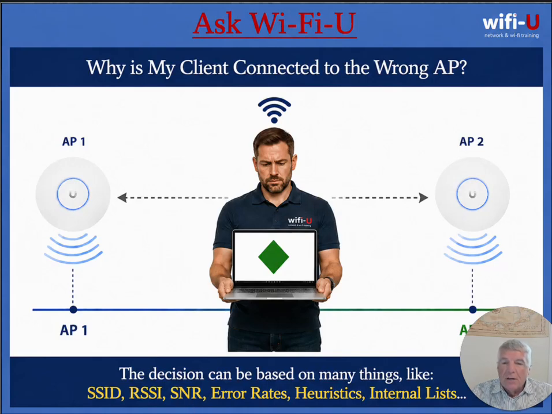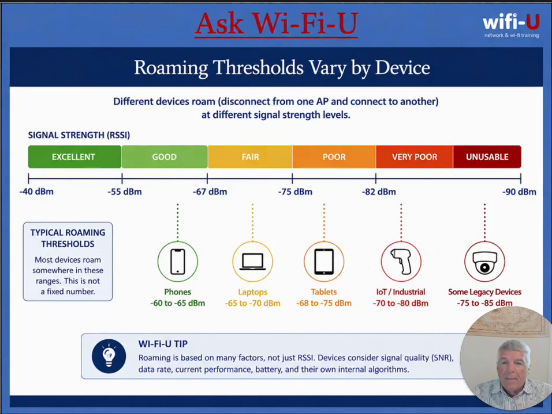But the client device could also be making its own decisions based on error rates or heuristics or even internal lists that it creates. So if it's looking just at RSSI, it may not roam until it hits a certain threshold. For example, phones have a different threshold than laptops, which have different thresholds than tablets.